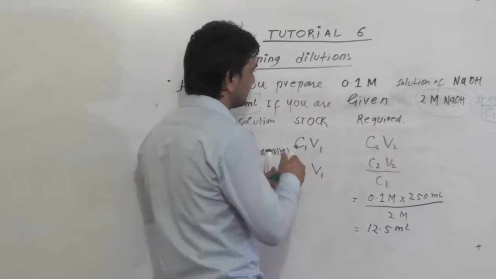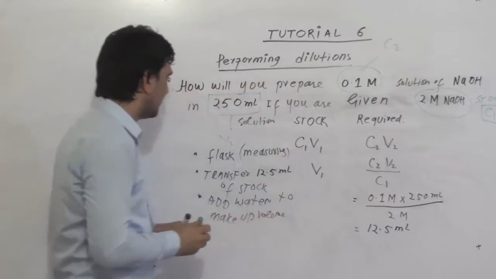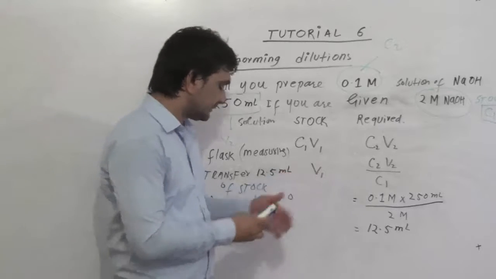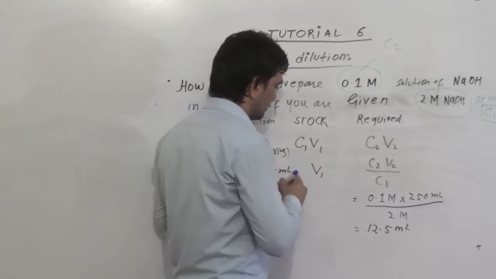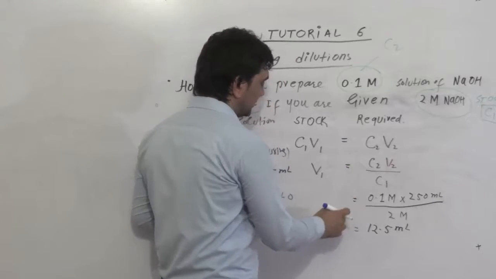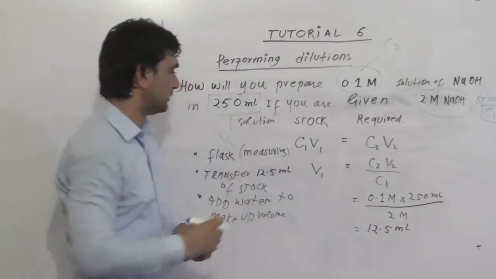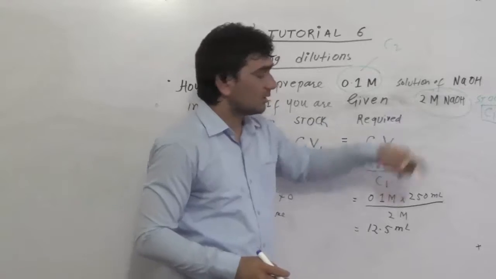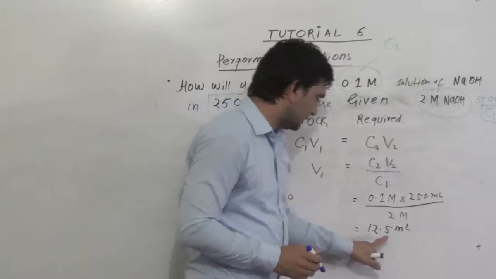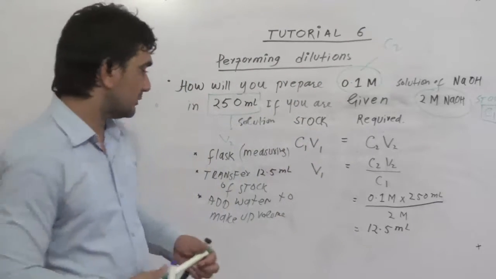Our required solution has a molarity of 0.1 molar, so it is C2, that is C1, and the required volume is 250 ml. So you will use this equation here, C1V1 equals C2V2, and we need to calculate V1 here. Putting all these values, 0.1 molar is our required concentration, 250 ml is the required volume, and 2 molar is the concentration of the stock solution. So calculating all these, we get 12.5 ml of the stock solution required to make this very solution.